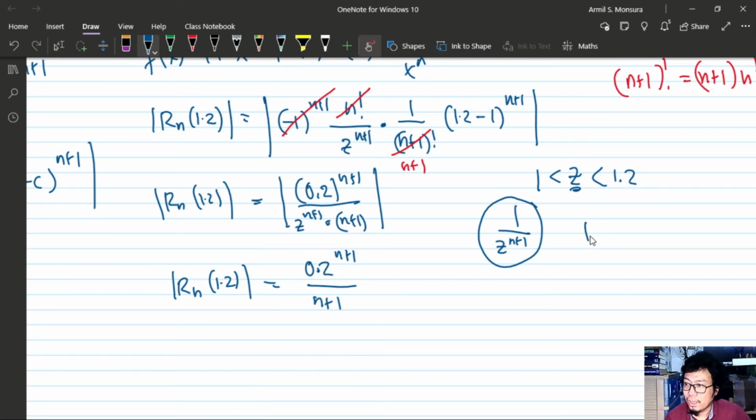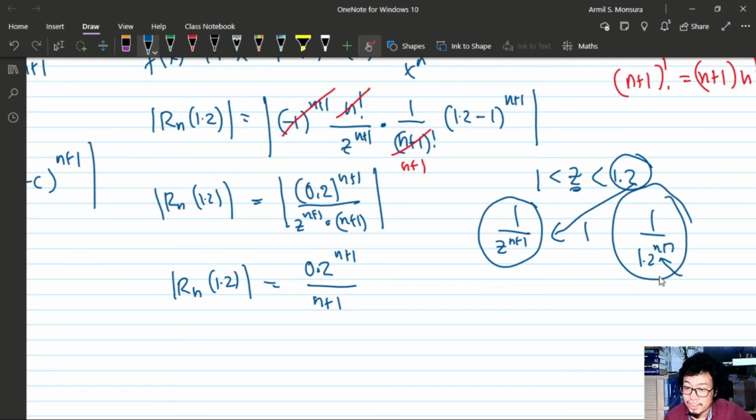That's the maximum, and a lower bound for your error would be a number you get if you substitute 1.2 for z, evaluating 1.2 raised to n plus 1, if ever we know what n is. But what we're really sure of is that this would be a number that is less than 1.